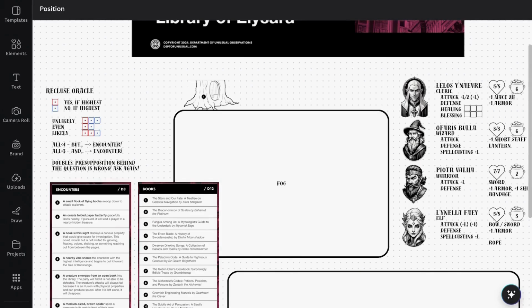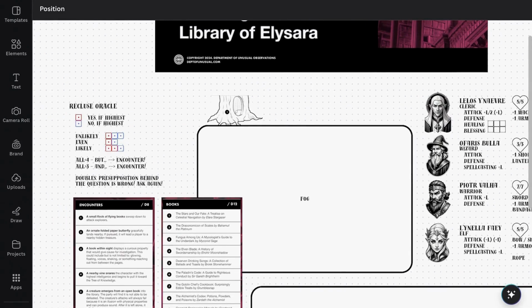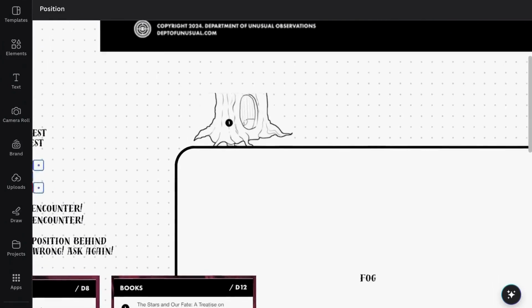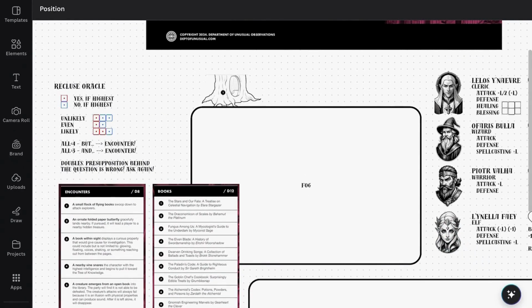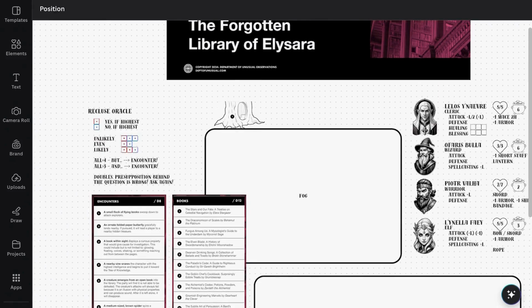Let's imagine the team is arriving to a suspicious trunk, and they have to find this entrance to the dungeon, to the Forgotten Library.